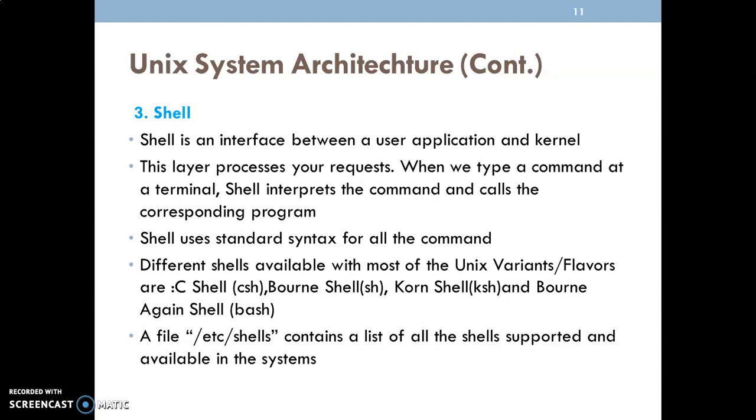Or one of the best examples is the date command. As the name indicates, it will display the current date and time. So whenever we execute that command, the corresponding program will be fetched from the system and executed on behalf of the user.